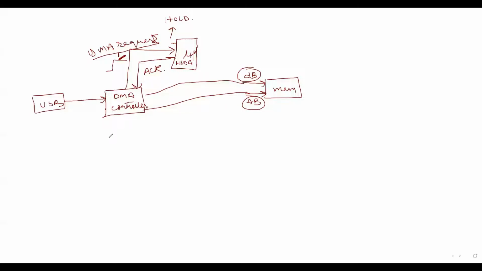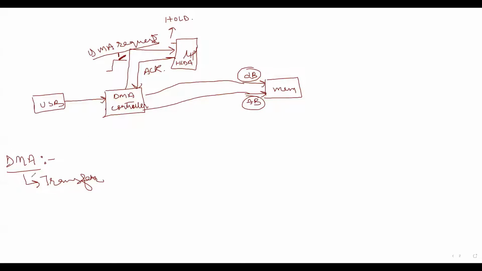So what is happening in DMA? If somebody asks what is a DMA, direct memory access, you can say that in direct memory access, the microprocessor releases the control of the buses and gives the control to a device called a DMA controller. You have to remember that the DMA controller can only do data transfer. It cannot perform any other operation, while the microprocessor performs many other operations as well.